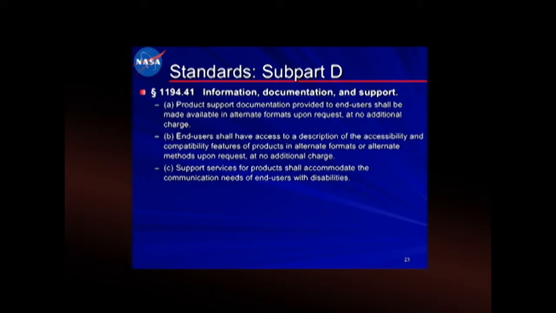Support service for products shall accommodate the communication needs of end users with disabilities. This is talking about your help desk. If you call the help desk, they've got to be able to communicate with people with disabilities. In the upcoming standards, and I've seen a draft of it, doesn't mean that's actually what's going to come out, they've made an expansion on the help desk where they also have to be able to provide guidance and help to people with disabilities.